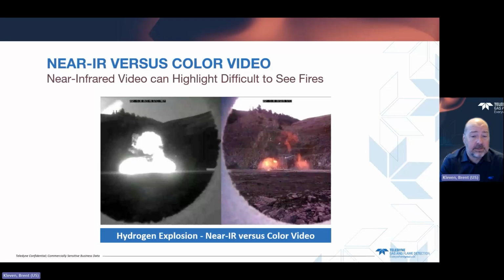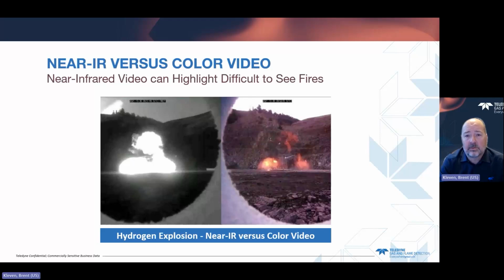Here's an example outside of a hydrogen fire. We can see the near infrared video on the left. It gives much more information as far as that hydrogen fire is concerned, but it's a little bit darker to see. We see the color on the right. Fantastic. We've got the color, but a little bit more trouble seeing that hydrogen fire. And quite honestly, this is just a snippet here.